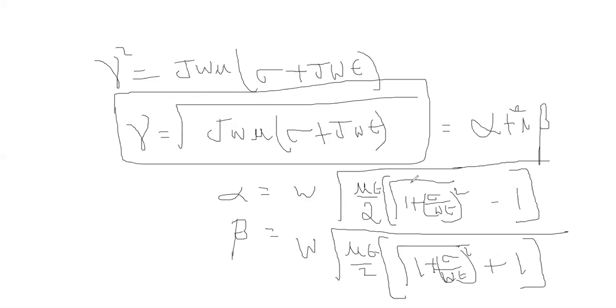By simplifying this, gamma is equal to j omega mu into sigma plus j omega epsilon, you get the alpha and the beta. That you can also derive. And we know eta is equal to the square root of j omega mu by sigma plus j omega epsilon.